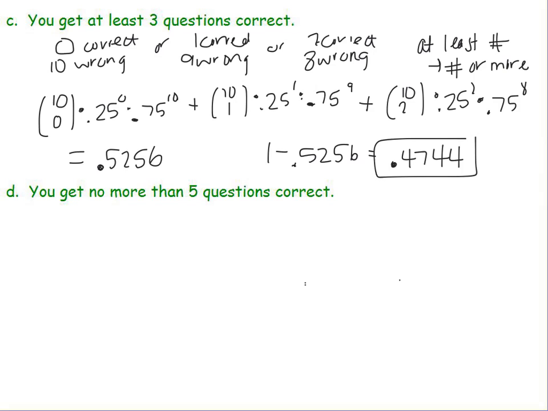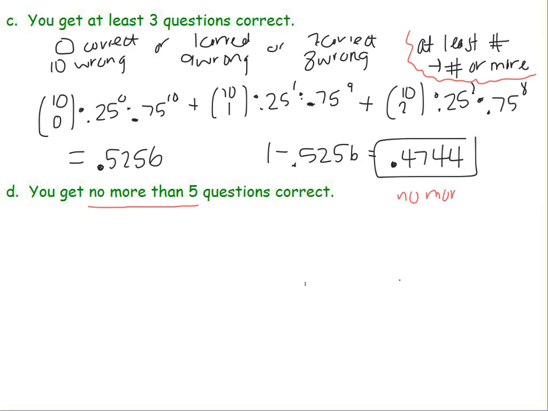Okay, so let's look at the next one. Again, it's got wording. We learned that "at least," when they give you a number, means that number or more. Our new phrase on this one is you get no more than 5. Again, you need to know what that means.